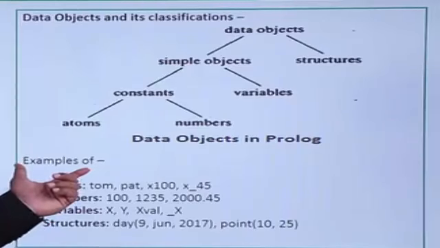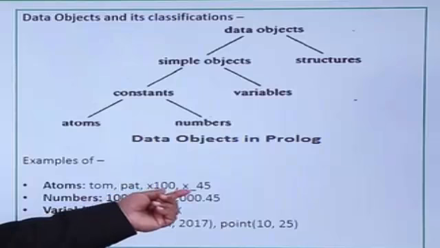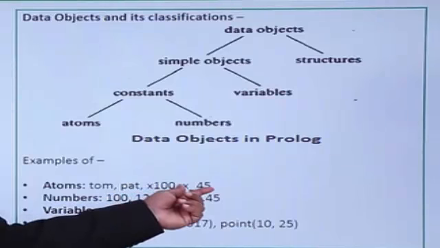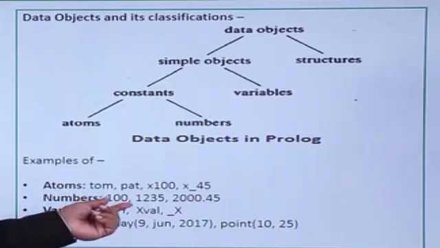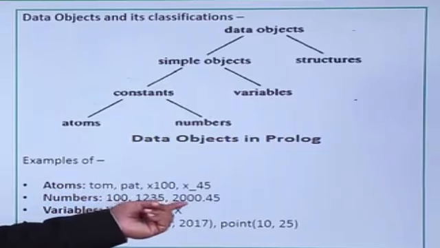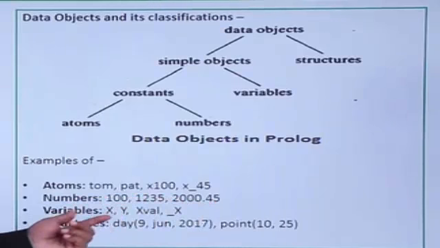Let us go for the examples. Atoms: tom, pat, x100, x_45 are good examples of atoms. Numbers: 100, 1235, 2000.45, where this is a real number and the others are integer numbers.